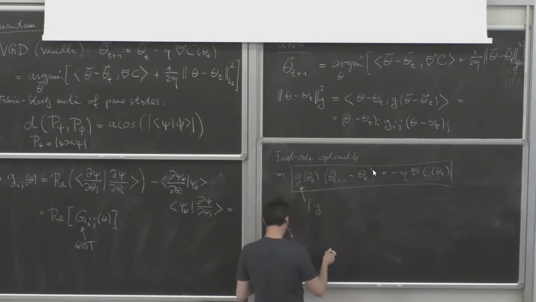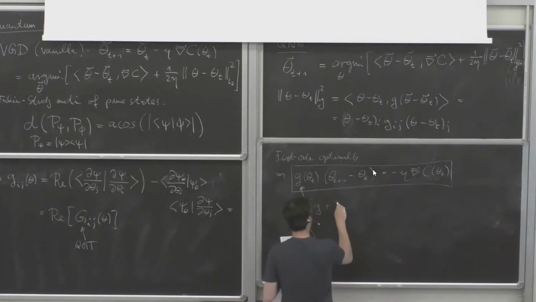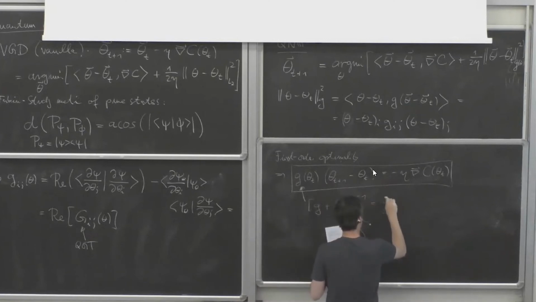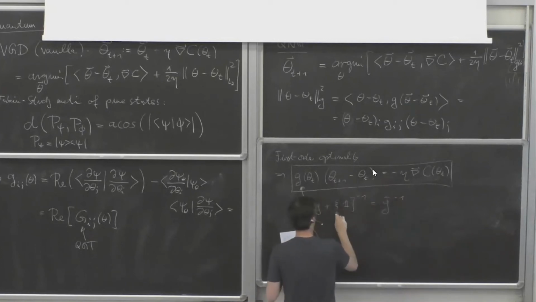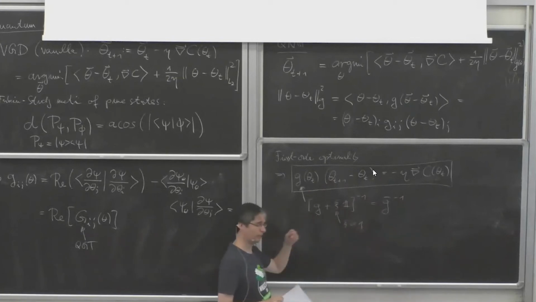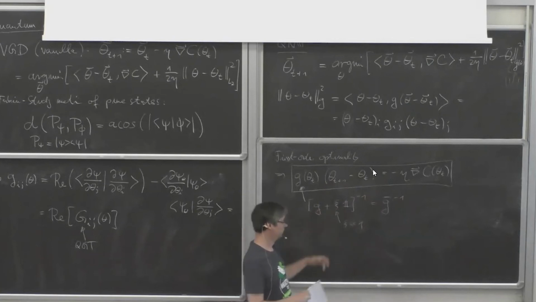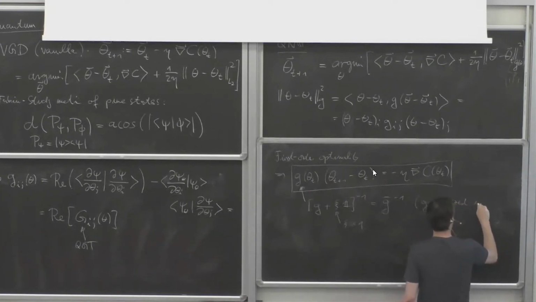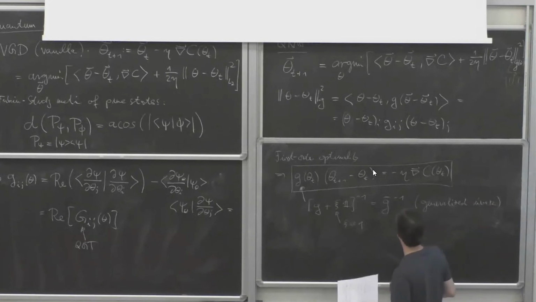We can add some little parameter, which is much smaller than 1, because these entries are typically of order 1. So this would be the generalized inverse that you have to use here.